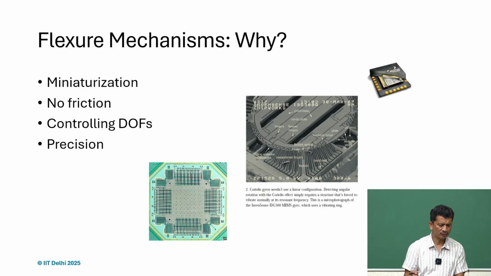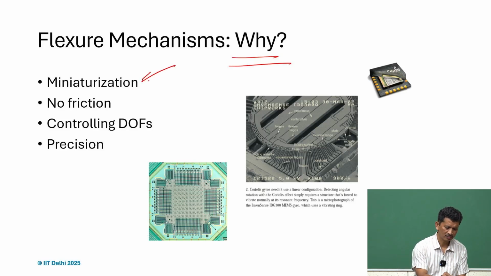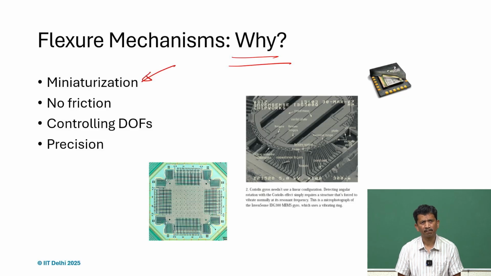So we just try to summarize why flexure mechanisms, and what the advantages are. Of course, miniaturization is the key. Nothing stops us from making smaller and smaller parts, or robots. It can be small insect-like robots. It can be for microfluidic applications.